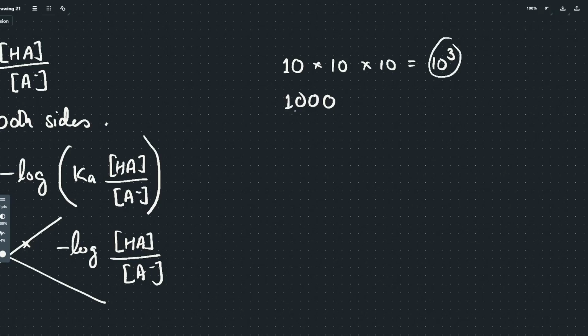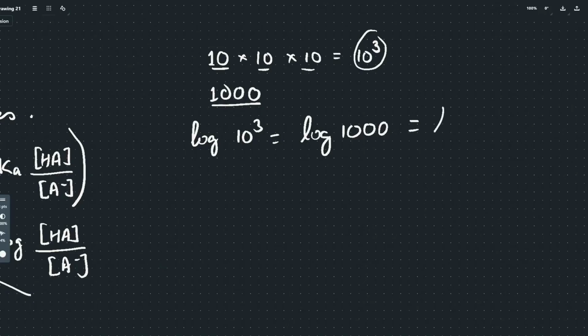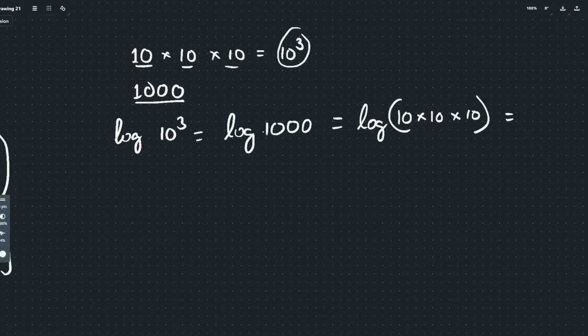So if we take a log of 10 raised to power 3, or we take a log of 1000, or we take a log of 10 multiplied by 10 multiplied by 10, it does not matter. We can write it like this, or like this. Now it is basically equal to 3.